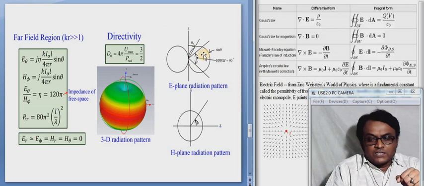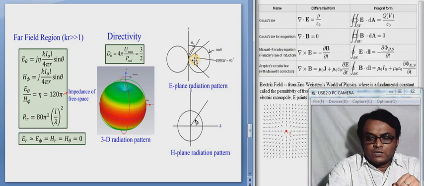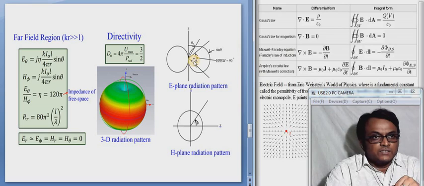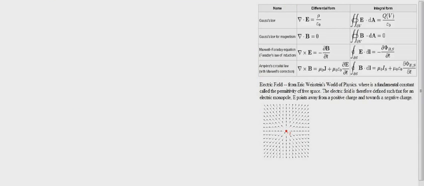For the infinitesimal small dipole antenna, we have some very interesting things. To explain it, first I am drawing a transmission line model.